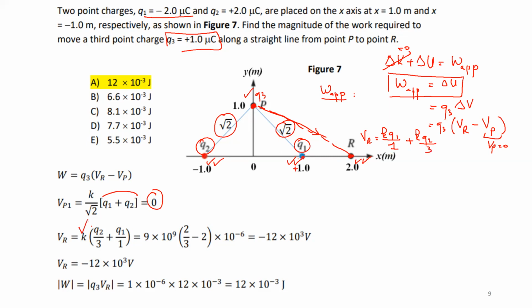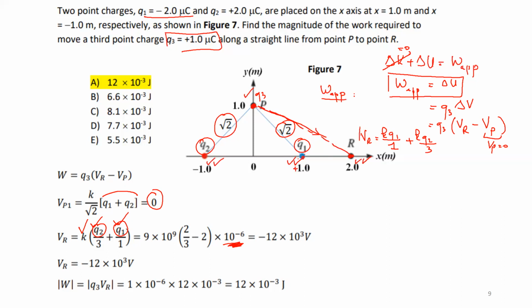Now I put the numbers. Q2 here is positive and Q1 is negative, so don't forget that. And I put it in, of course, in coulombs.